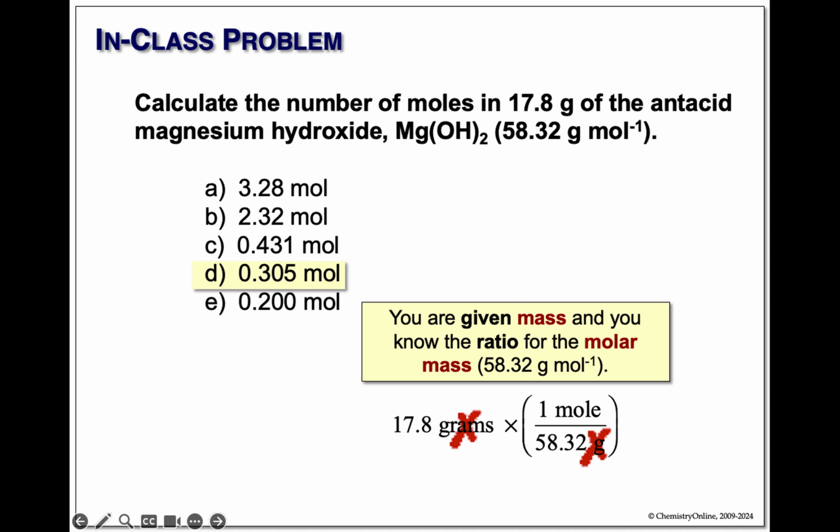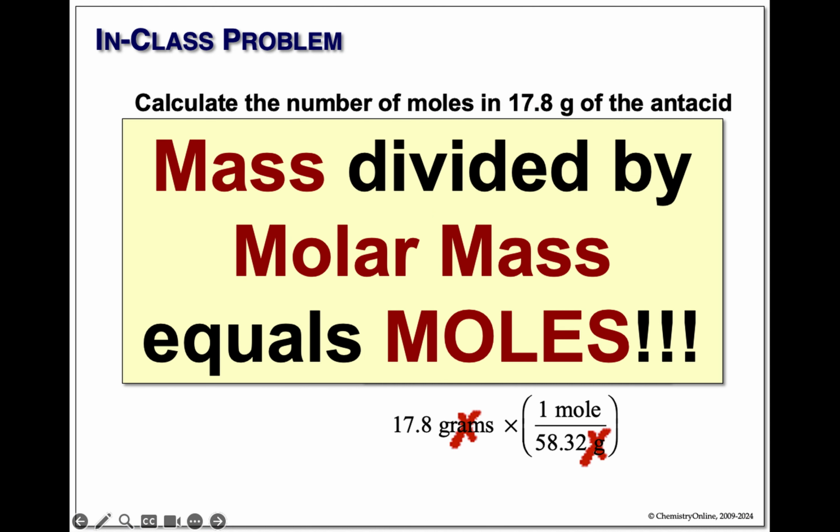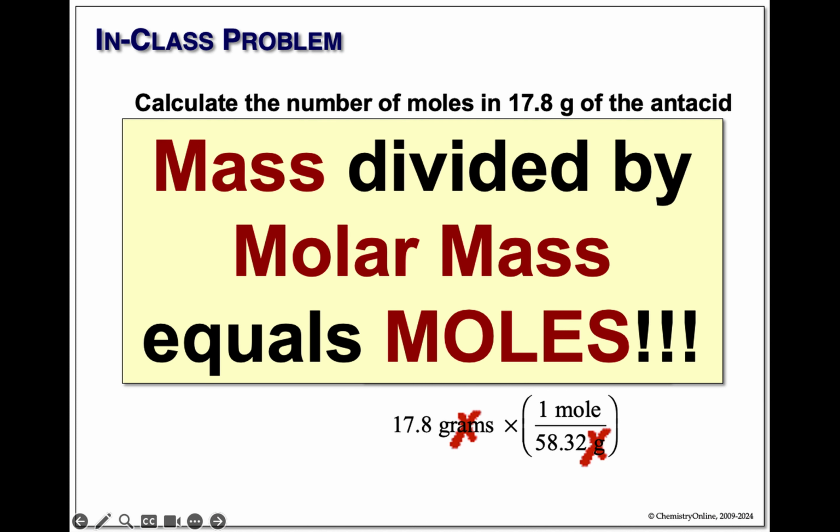Moles. Mass divided by molar mass is moles. Useful thing to remember. So useful that I'm saying it twice. Mass divided by molar mass is moles. Any questions?